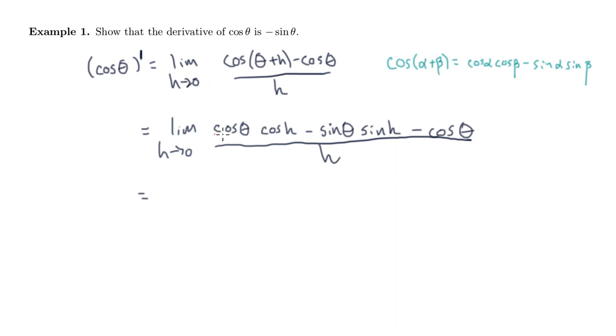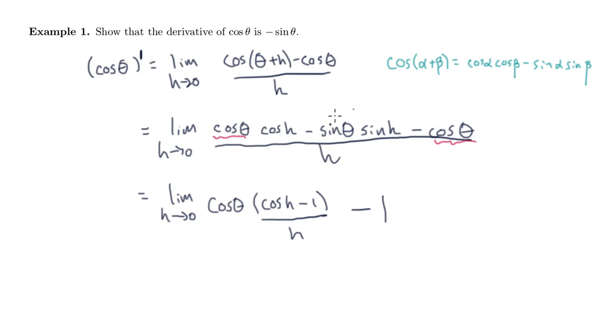And let's group again, because we have a factor of cosine theta and another factor of cosine theta. So let's group those terms together. So this is the limit as h goes to 0 of cosine theta. And then look what we're left with. This should look familiar. Cosine of h minus 1 all over h.